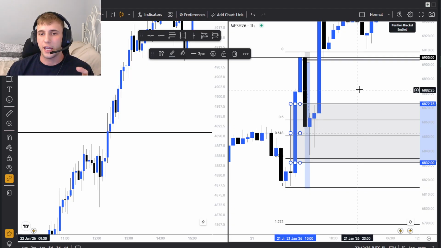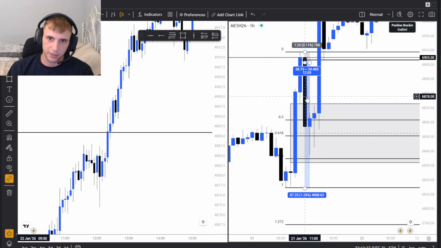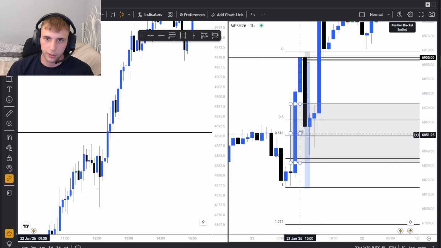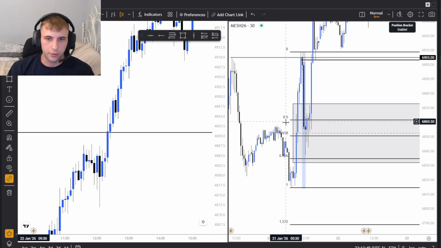Either if this gap didn't exist, right? Or, let's say this gap wasn't here. Let's say we did not have an hourly gap here. Let's say this came all the way down here and then all the way back up, and this was just very balanced out price action. And for whatever reason, even on the 30-minute, there isn't anything.